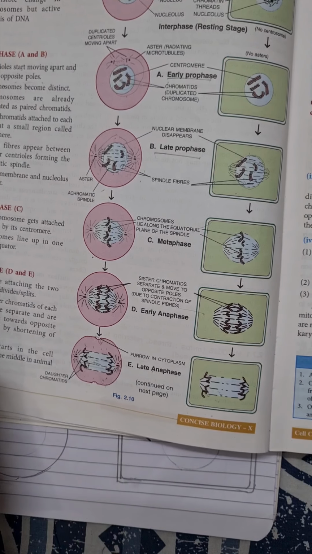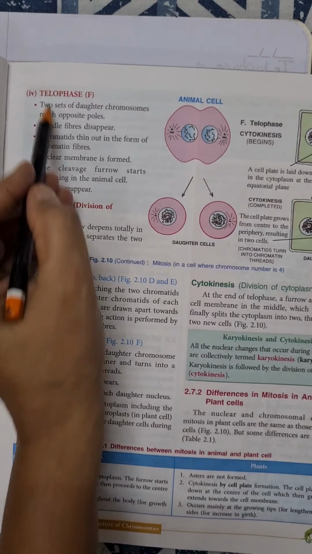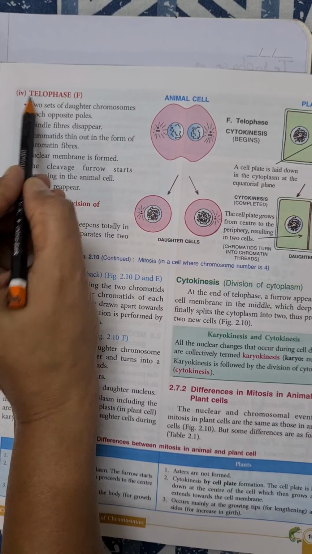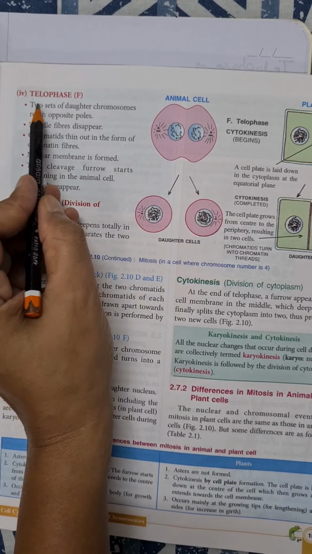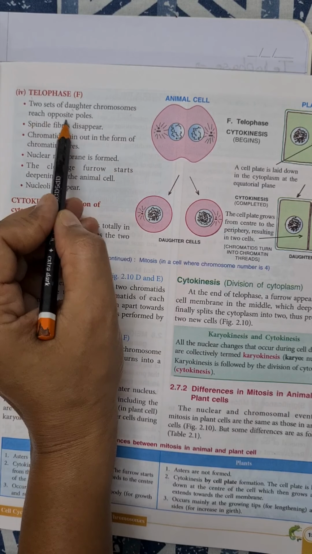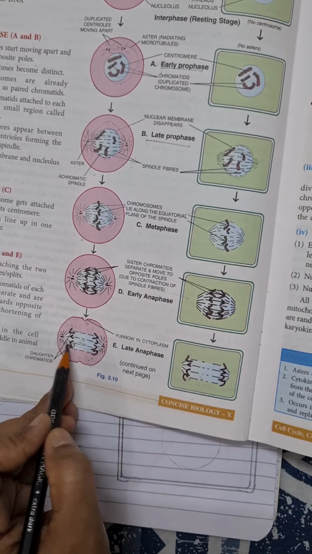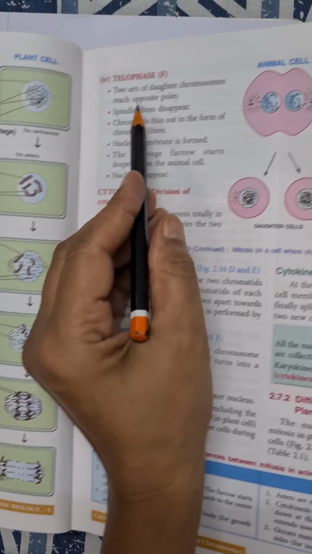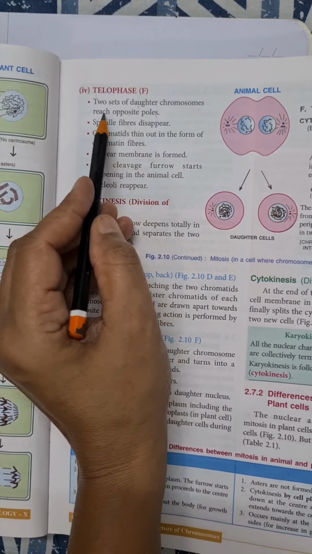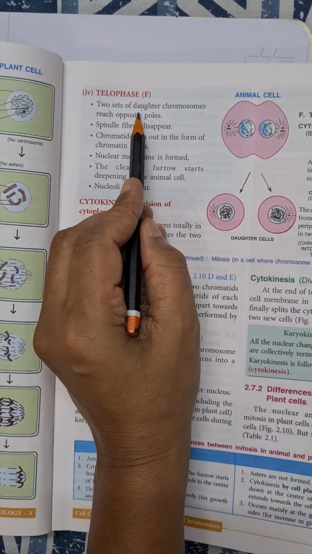So after Anaphase, the last phase of the cell cycle is telophase. In telophase, the two sets of chromosomes reach opposite poles. Already during anaphase, as chromatids were moving towards the poles, at the beginning of telophase they reach the opposite poles of the cell.